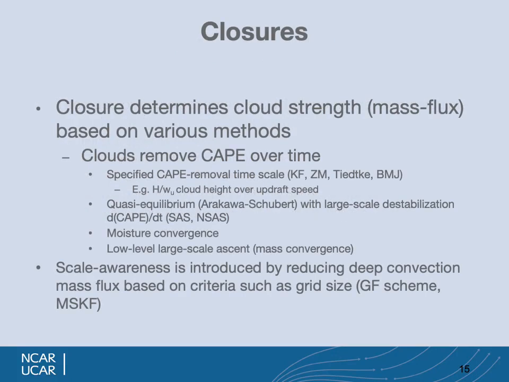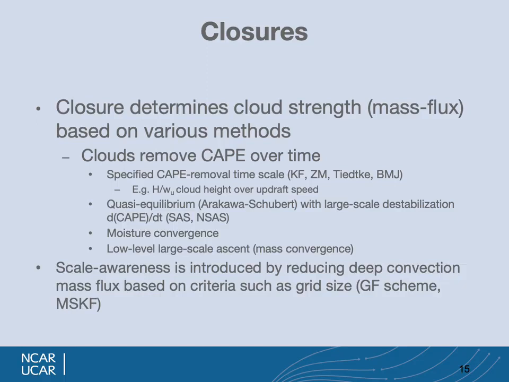Closures are the term given to how to determine the strength of the cloud. So in the case of mass flux schemes, the mass flux itself has to be computed somehow. We don't know that in advance, so we have to have a way of producing that. Various methods include a timescale over which it removes CAPE, or a quasi-equilibrium assumption, where the rate of production of CAPE by the environment is balanced by the rate of loss of CAPE due to the cloud stabilization.